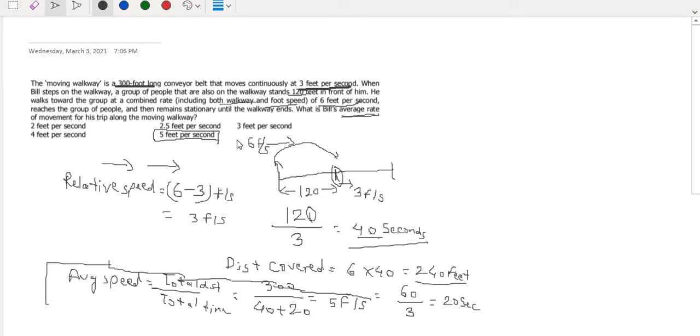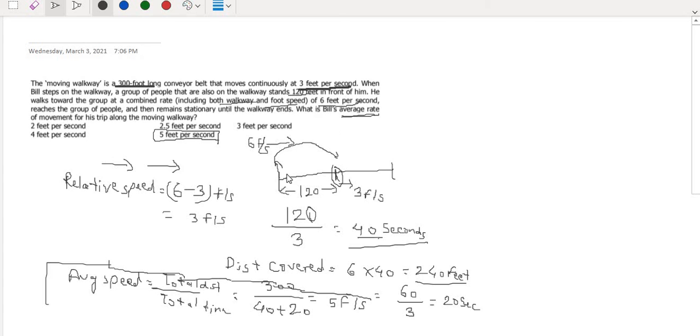Can I ask you for a tip here? Because he is walking faster than the conveyor belt, can I eliminate 2, 2.5 and 3? Exactly, yes.